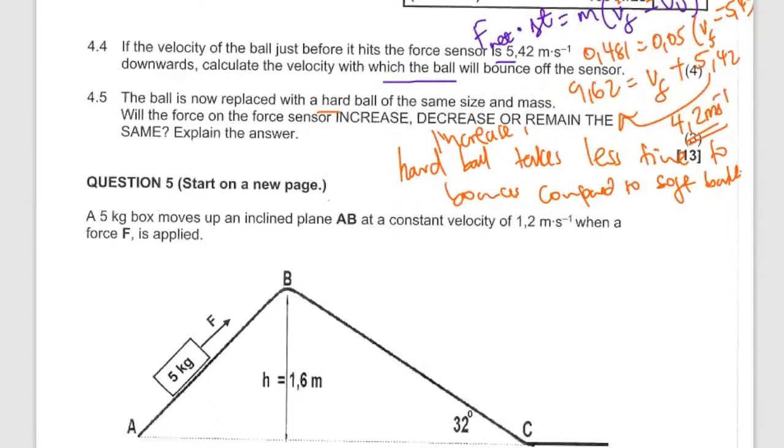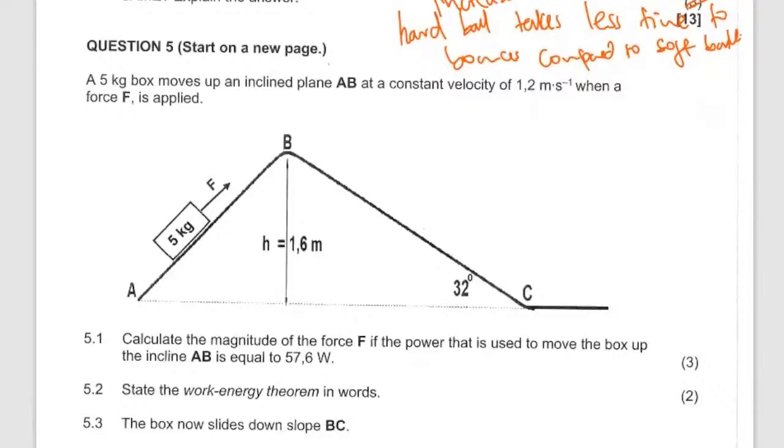That is question number 5. Question number 5: the 5 kg body or box moves up at a constant velocity when the force F is applied. They want us to calculate the magnitude of the force F if the power that is used to move up the box is this. So we know that the average power will be the same as the force applied times the velocity.